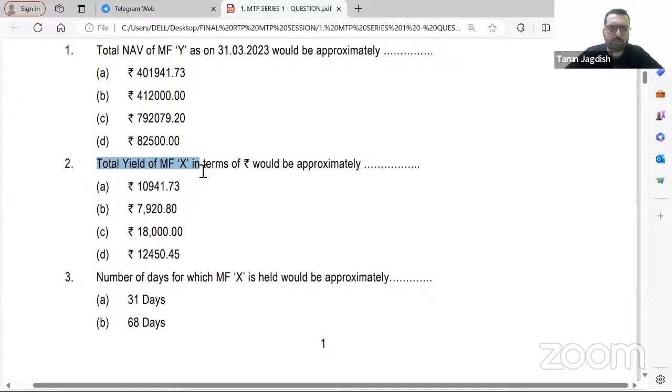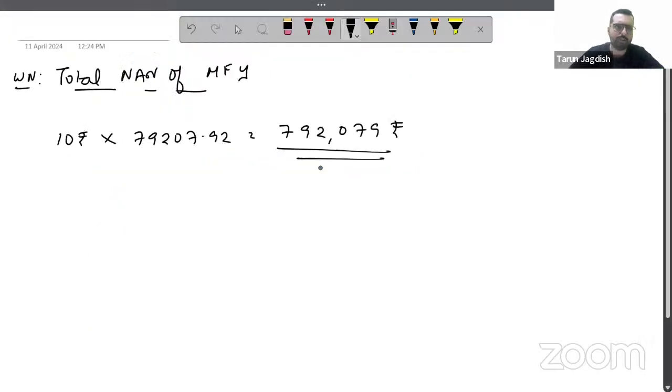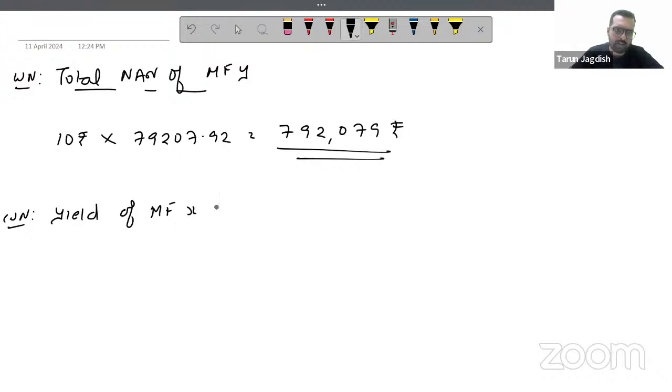Total yield of mutual fund X in terms of rupees would be approximately how much? So, yield of mutual fund X in rupees. Friends, how do you find out the yield in rupees? That will be NAV1 minus NAV0 in total figure plus dividend in total figure, correct?